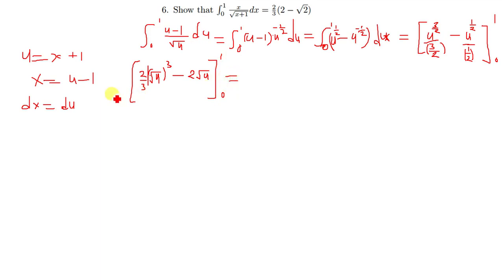So this can also be written as, now we replace where there is u with x plus 1.